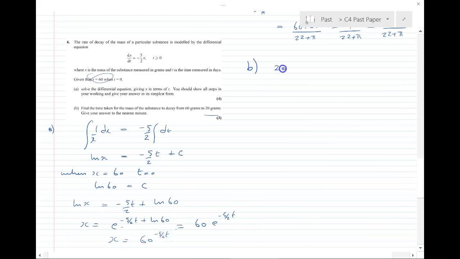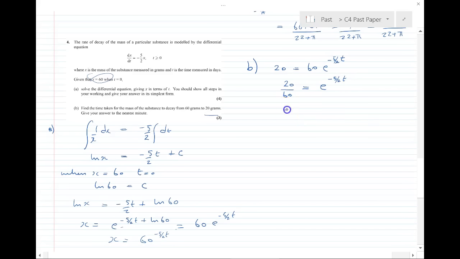So we have 20 equals 60 e to the minus 5 over 2 t. So we have 20 over 60 equals e to the minus 5 over 2t, which is equal to a third.